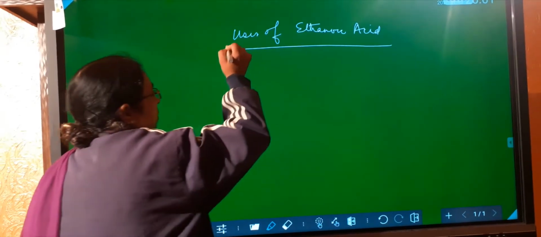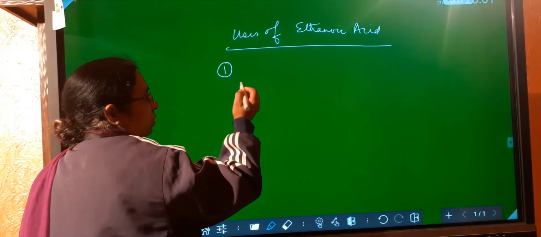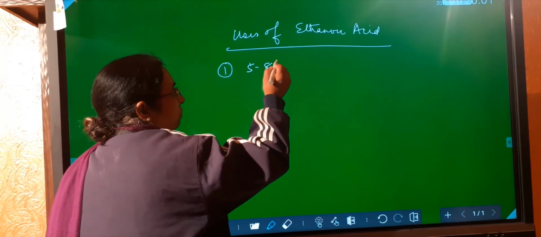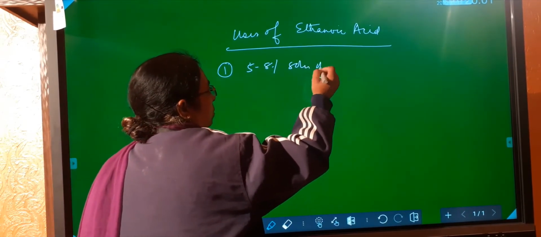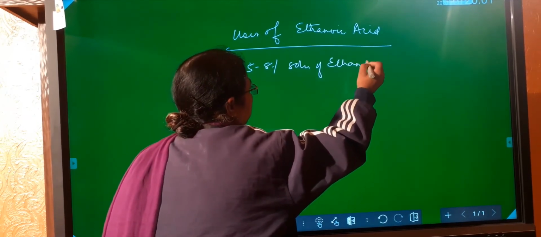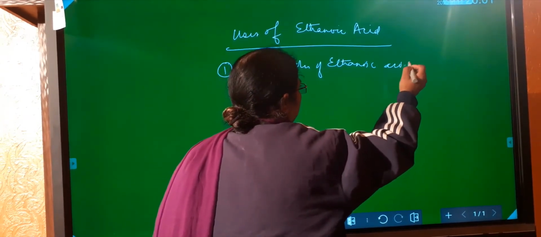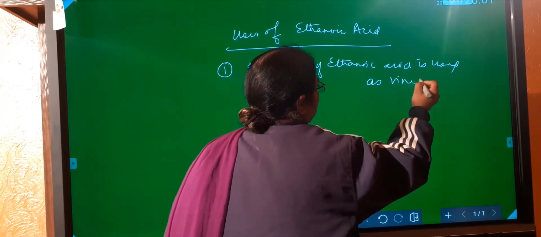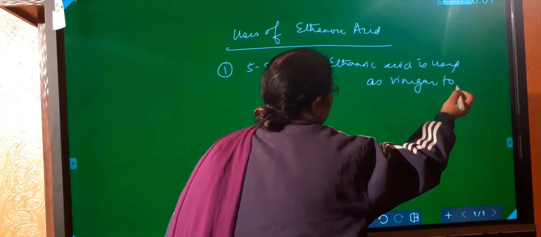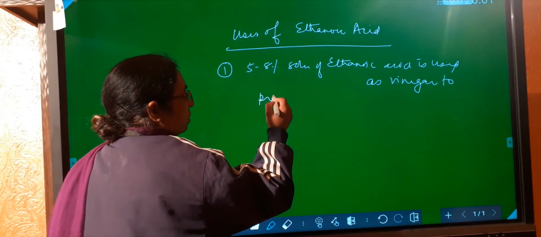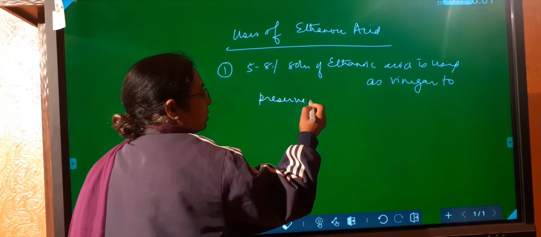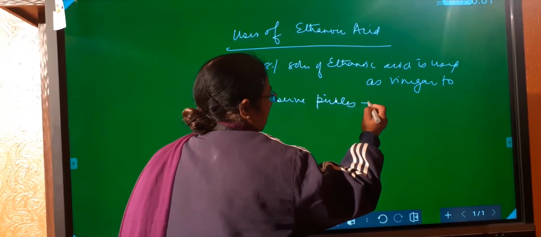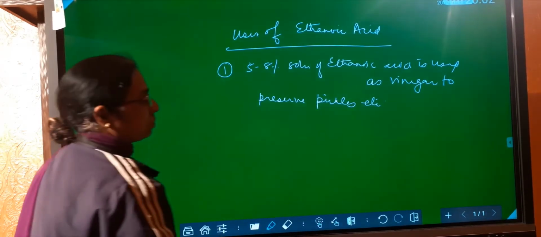So ethanoic acid, I told you a 5 to 8% solution of ethanoic acid is used as vinegar to preserve pickles etc. Some vegetables are also preserved like this.